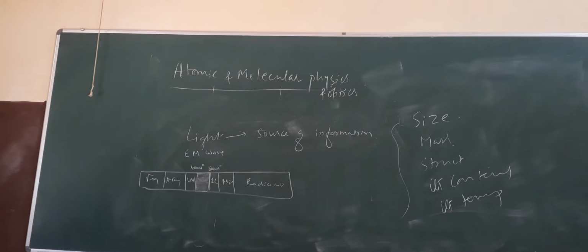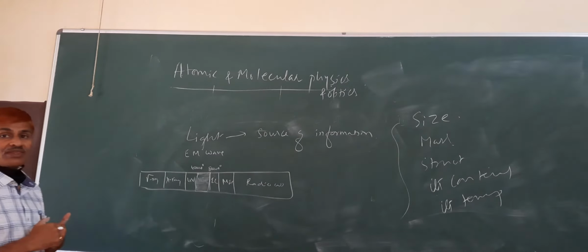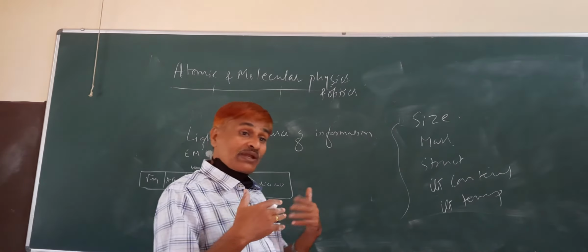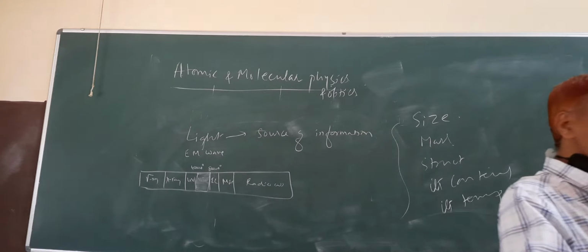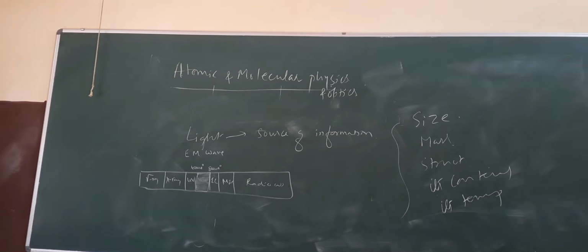They are also giving information. Right? That information you are missing. Then you have to put a photographic plate that will expose those lines. So then only you can see the energy levels, the energy that an electron can have in that atom.